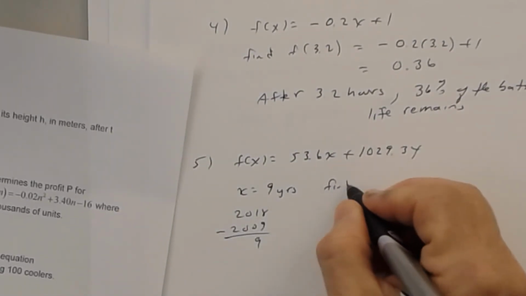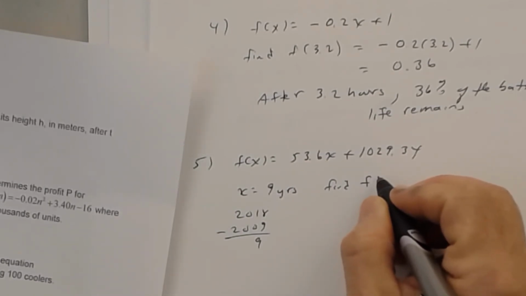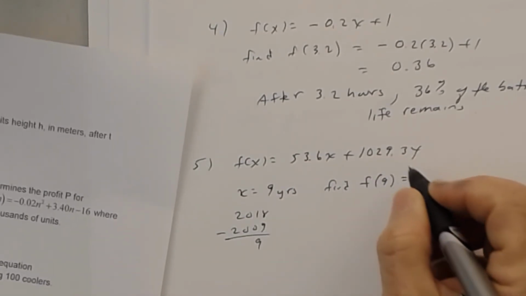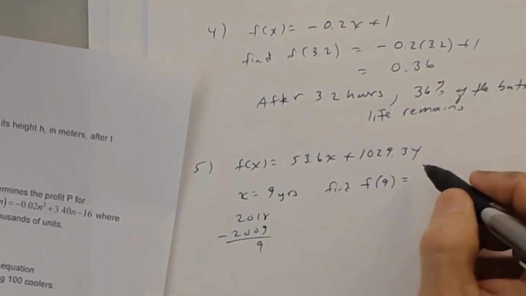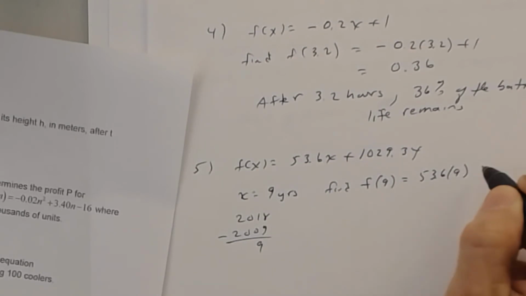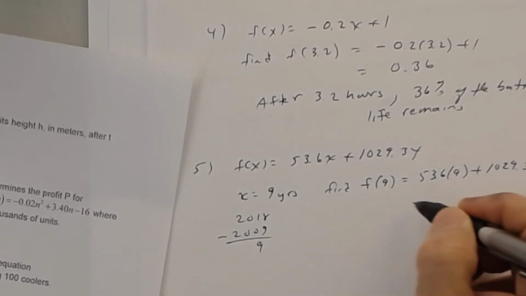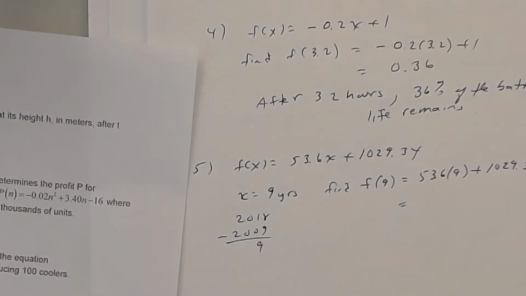But what is it you've got to find? f of 9. That's what you've got to find. Where we see the variable x, you're going to plug in 9. So I get 53.6 times 9 plus 1029.34. And in your calculator, what did you get?